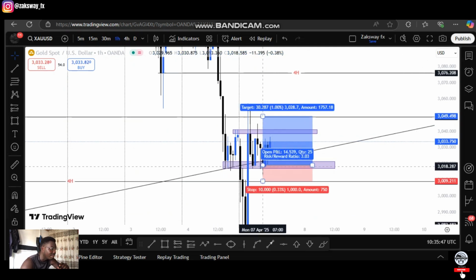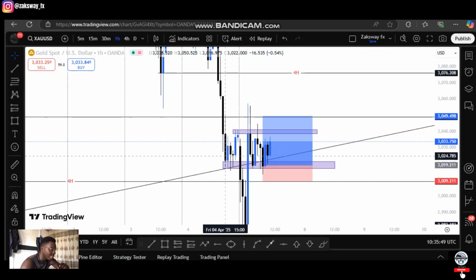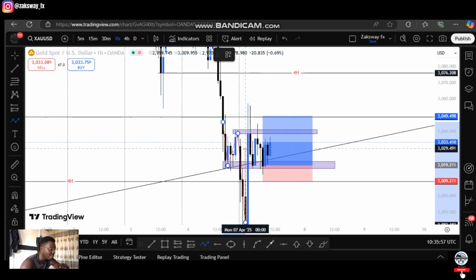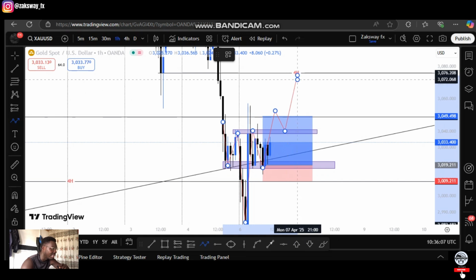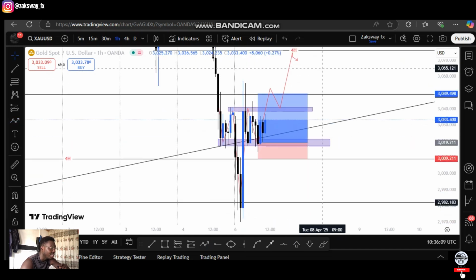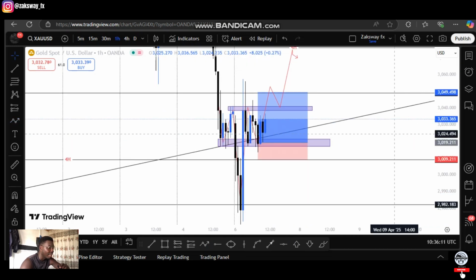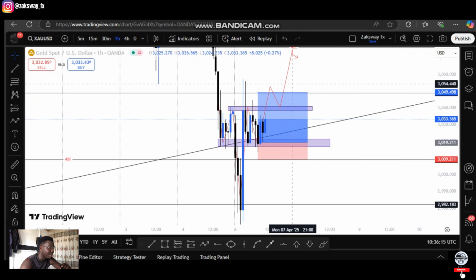Price came back into these zones: price created the first shoulder and then the head, and then the second shoulder. Now I'm anticipating that price will break above the neckline of this head and shoulder, and then come back for a retest and continue to the upside. That is my anticipation on this chart.